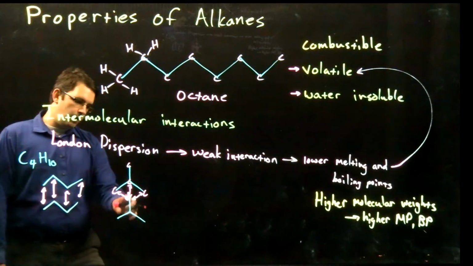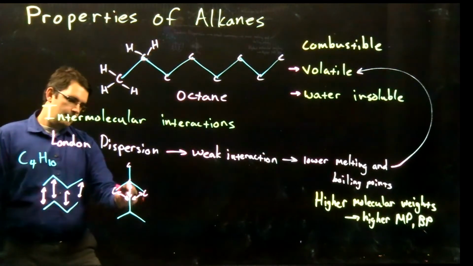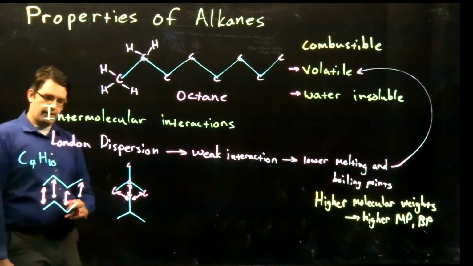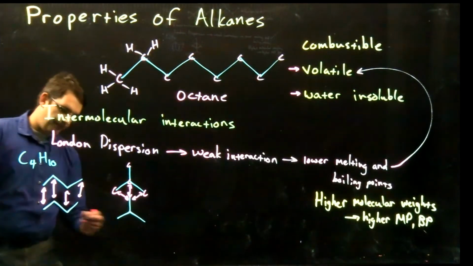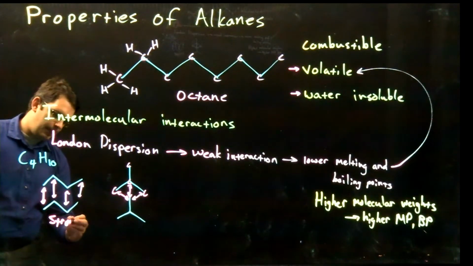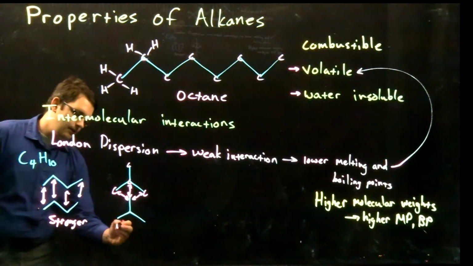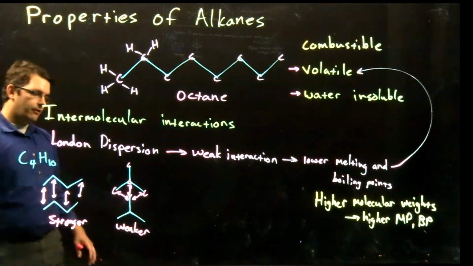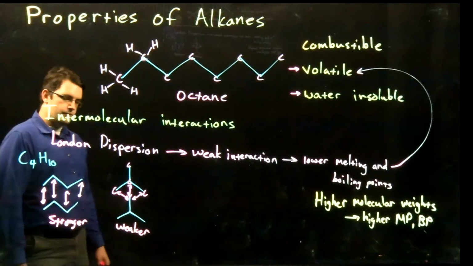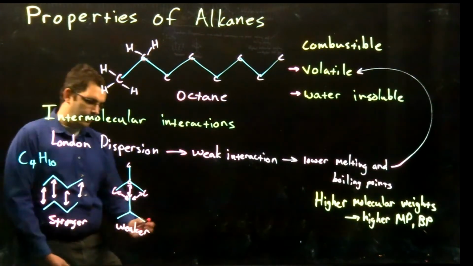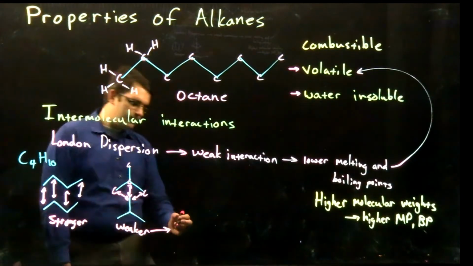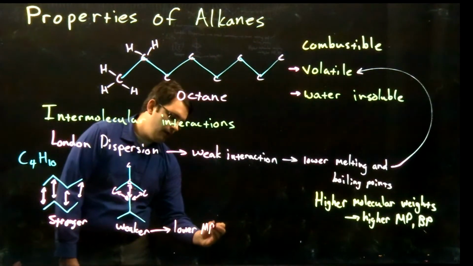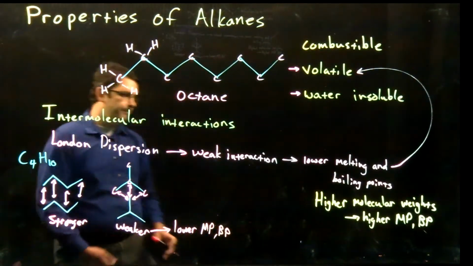Alright, so we can poke one of our branches toward it and get some interactions, but it's harder to have all of our atoms lined up next to each other like we have with our linear butane. So now our butane is going to have the stronger interactions, and our 2-methylpropane here will have the weaker interactions, which again will translate to our melting point and boiling point. Weaker interactions leads to lower melting point and boiling point.